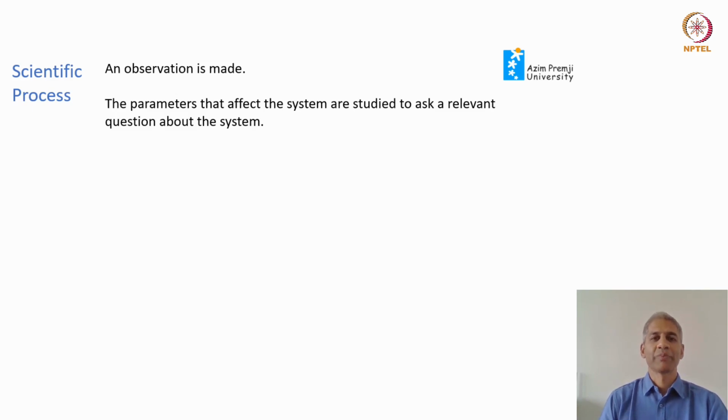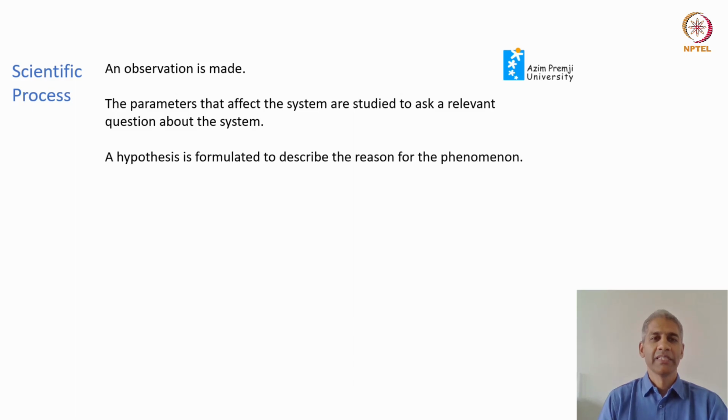So that's one parameter which may affect the system. So then you formulate a hypothesis. You could say a hypothesis could be a reasonable guess. And so a hypothesis is really about the process, not about the end result. And so my hypothesis could be that people who drink kashayam do not get COVID.